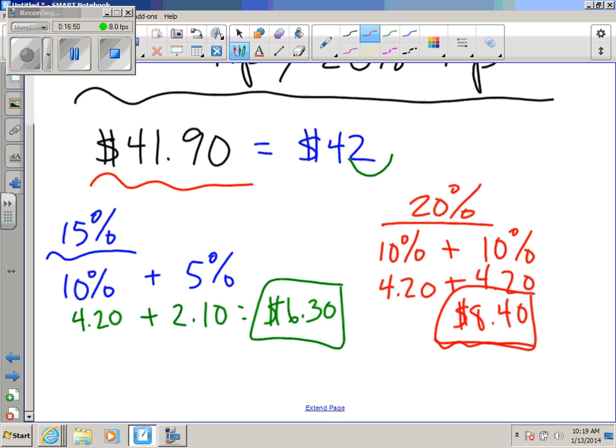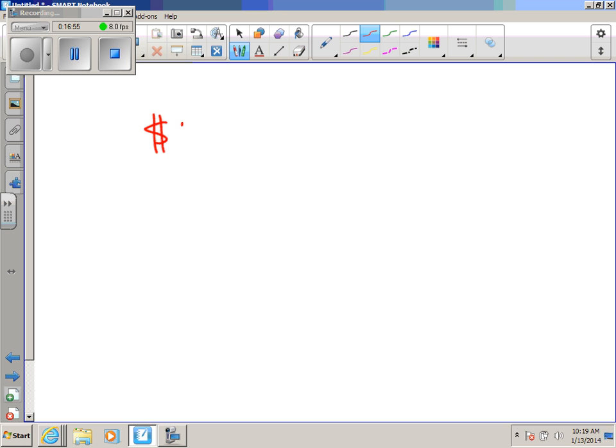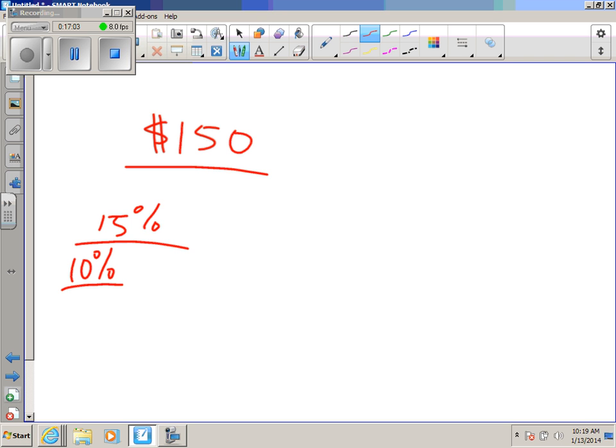If we take 15% on 150, 10% is $15. What's half of that? $7.50. A 15% tip on a bill that's $150 is $22.50.